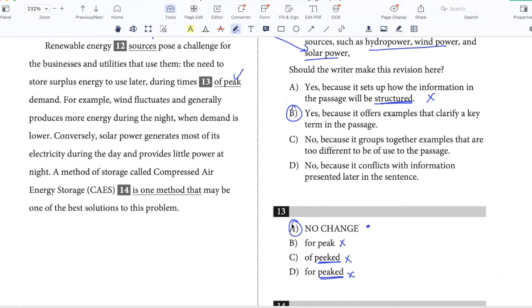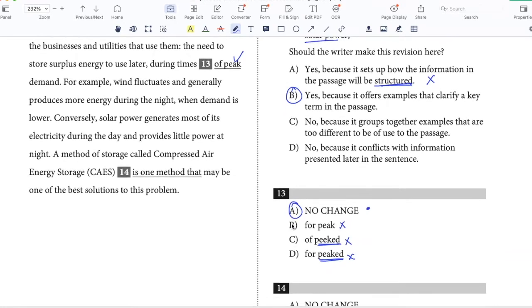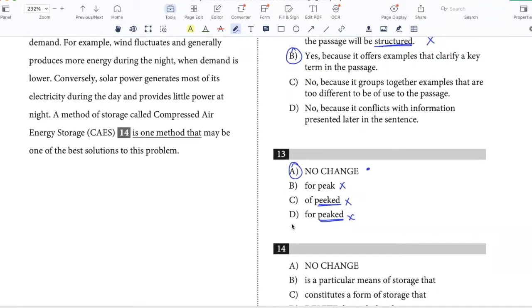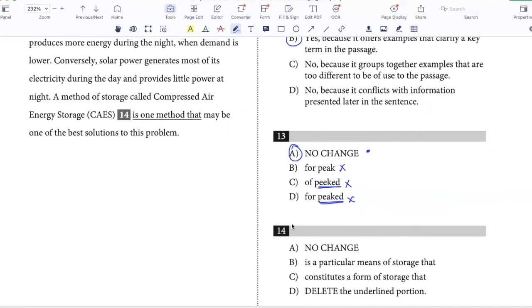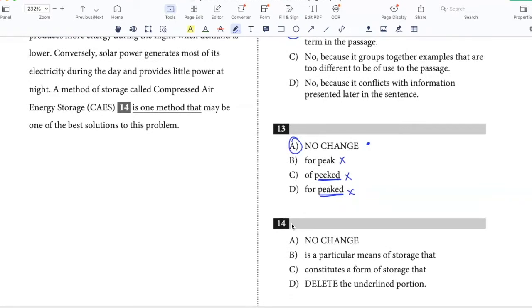For example, wind fluctuates and generally produces more energy during the night when demand is lower. Conversely, solar power generates most of its electricity during the day and provides little power at night. A method of storage called compressed air energy storage, CAES, is one method that may be one of the best solutions to this problem. Now, this is a question on redundancy. I already say that it's a method of storage, so I don't have to say one method.